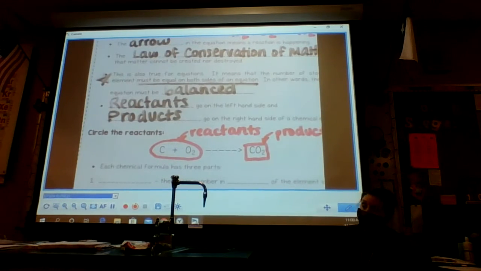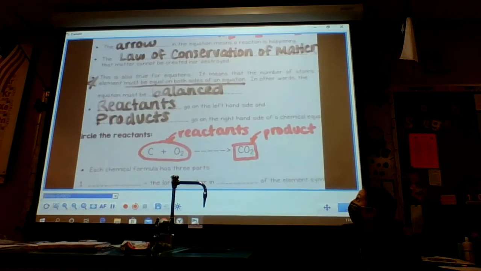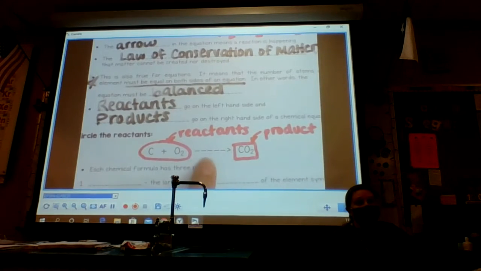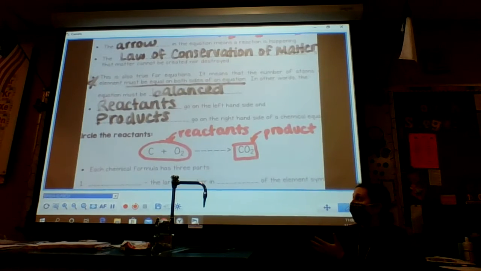Okay, and then we're going to add another word here. We have reactants on the left, products on the right. We've talked about how this arrow means that a reaction is happening. Sometimes whenever I read an equation, I would say carbon plus oxygen yields carbon dioxide.